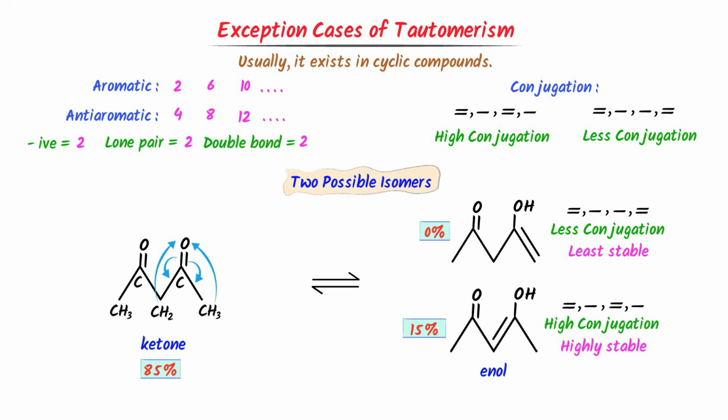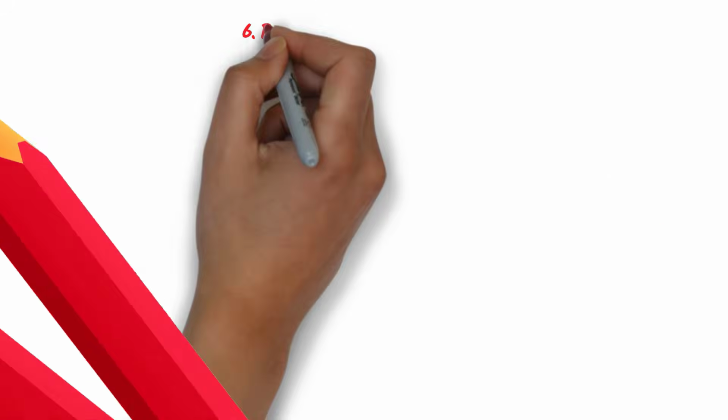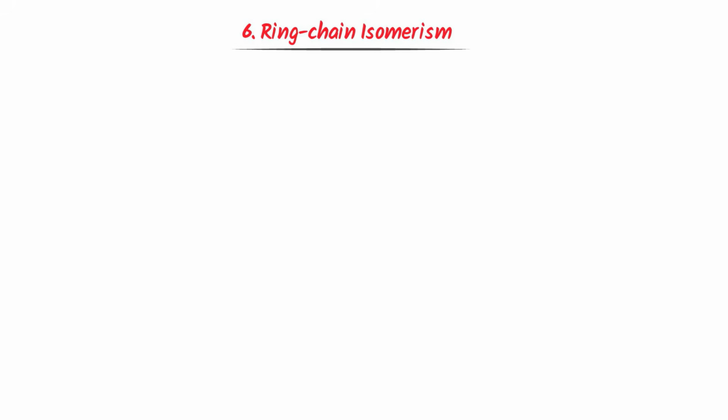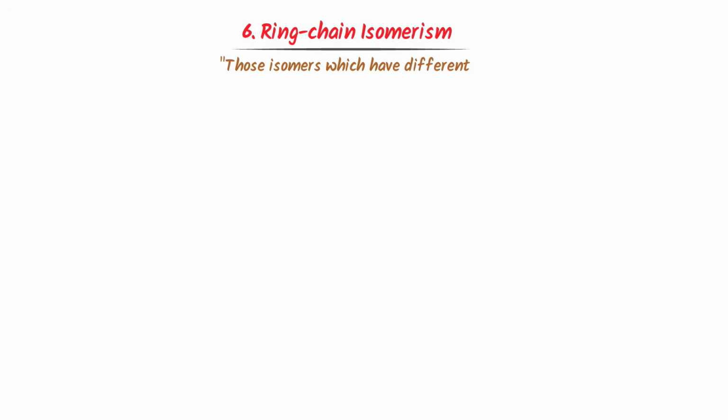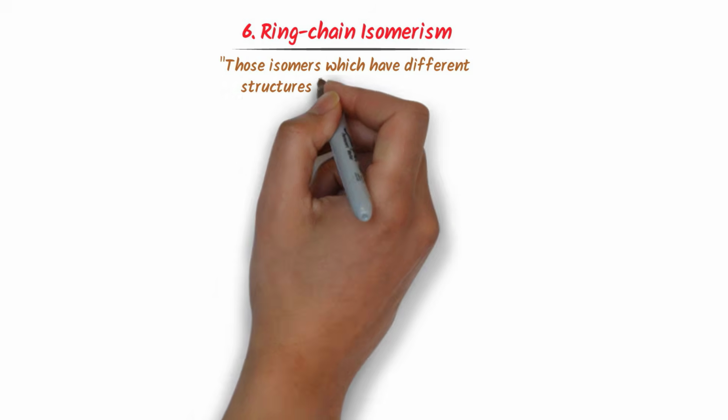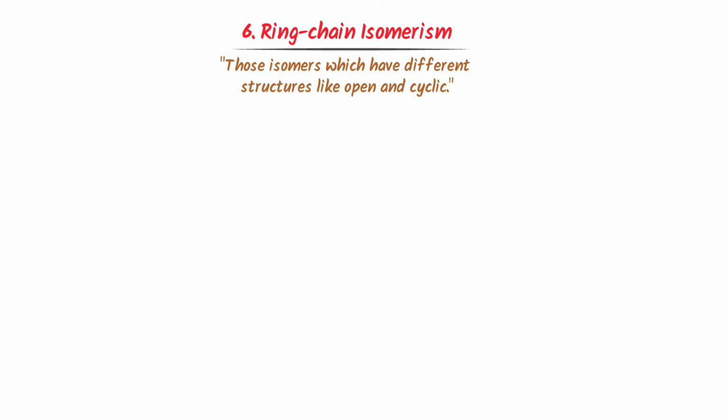Therefore, using aromatic, anti-aromatic and conjugated concepts, we can easily learn the exception cases of tautomerism. Now we will learn the last type of isomerism, which is ring chain isomerism. Those isomers having the same molecular formula but different structures, like cyclic and open chain, are called ring chain isomers.